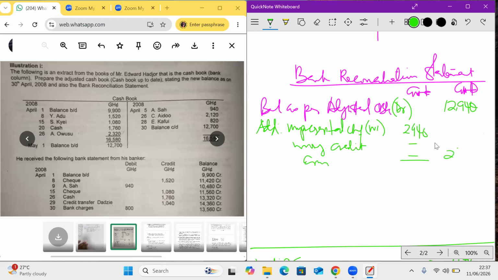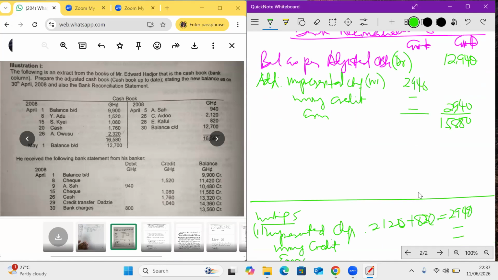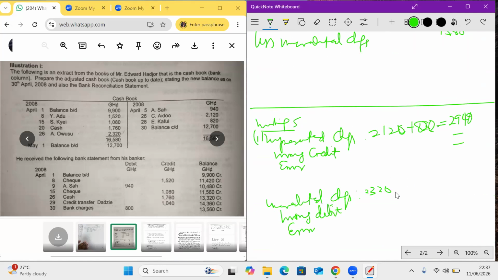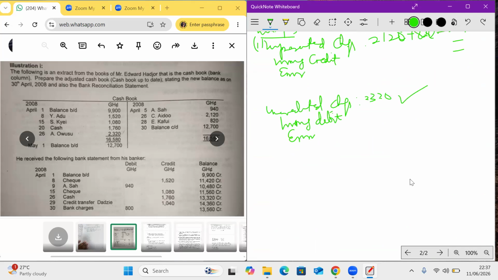Total is 2940. If you want it this way, you can write it this way. What do we have? 15880, right? Then we say less uncredited checks. How many checks? One, right? 2320.